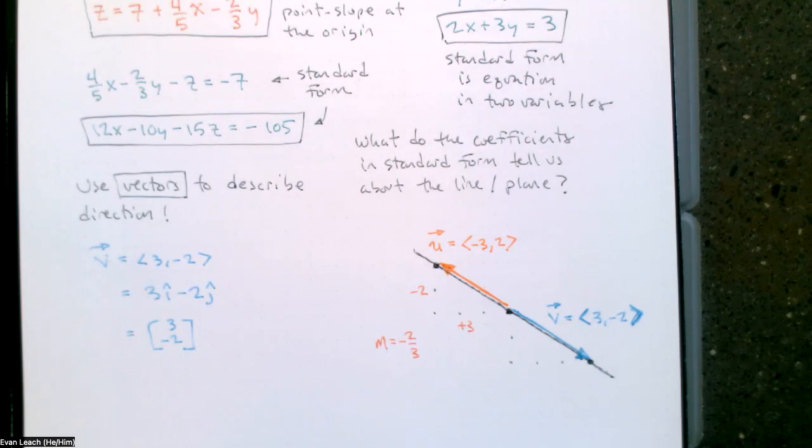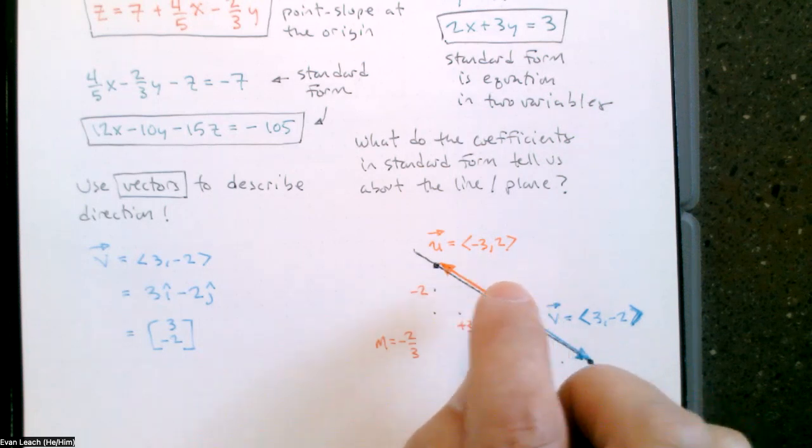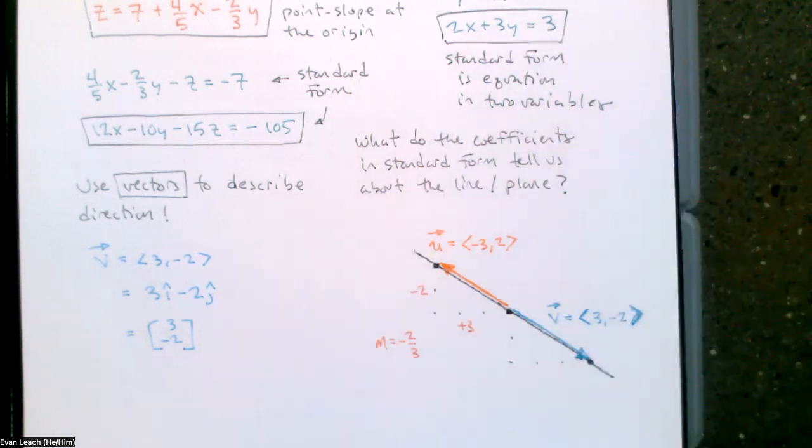Now, what we want to notice is that the 3 is going with the x, and the -2 is going with the y, or the -3 is going with the x, and the +2 is going with the y. These two do not show up in the standard form. The standard form has a 2 with the x and a 3 with the y. So that seems backwards.